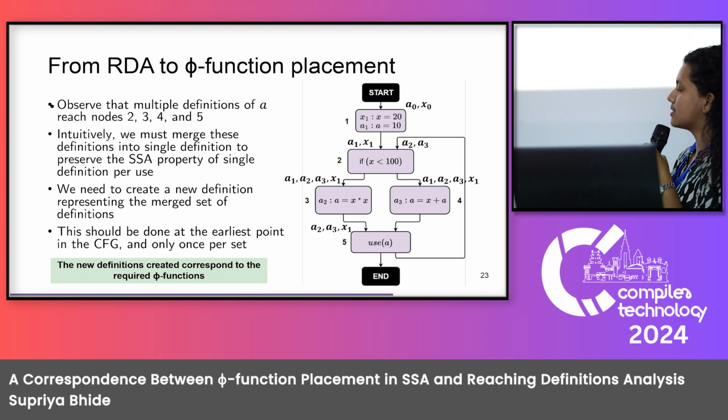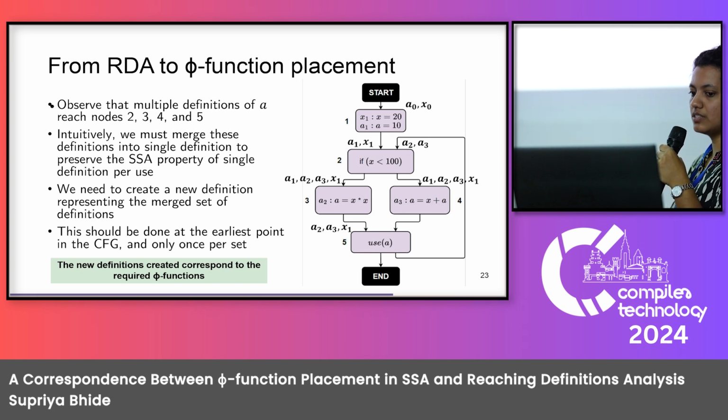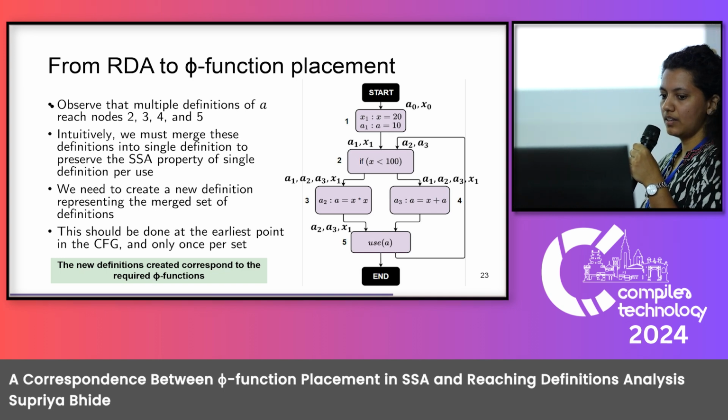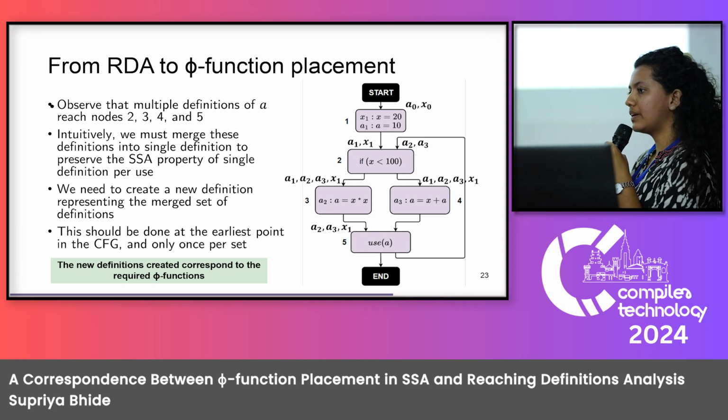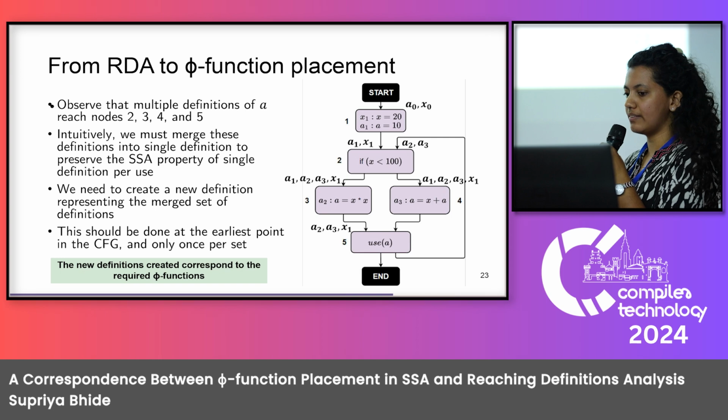We must do this to preserve the SSA property that every use has exactly one definition reaching it. So we need to create a new definition representing the merged set of these definitions, and this should be done at the earliest point of the CFG and only once per set. And the new definitions that are created would now correspond to the required phi functions.